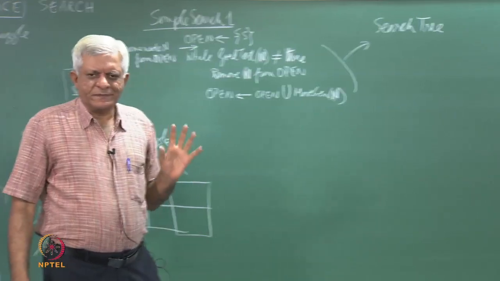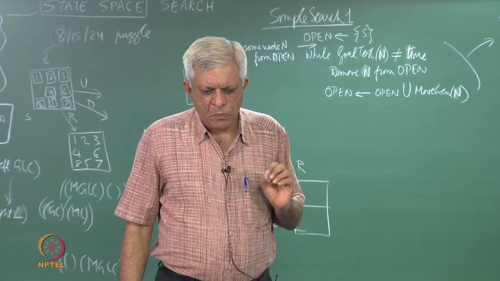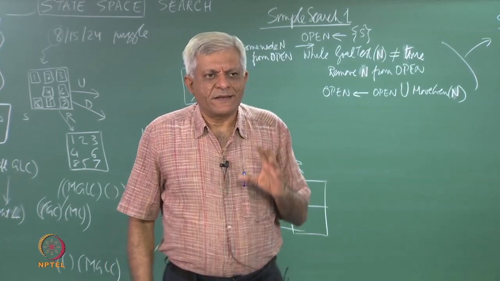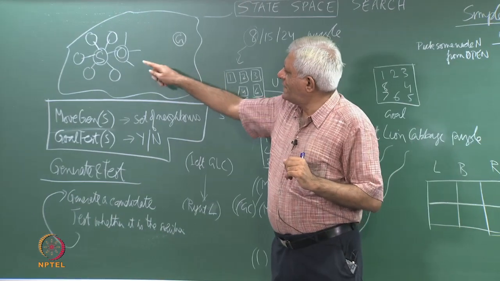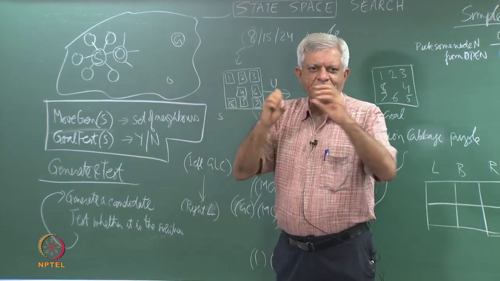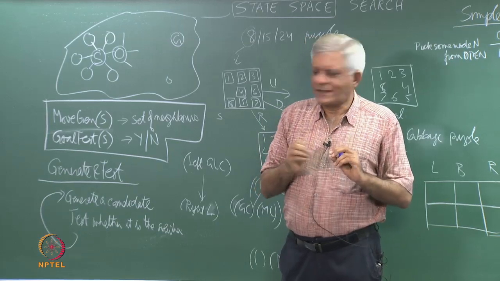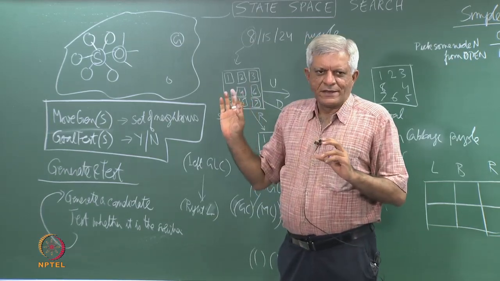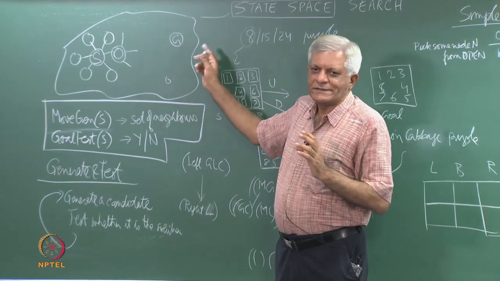Okay. So, one thing that I should clarify is that even though we see the state space as a graph, because from every state you can go to neighboring states, every edge is a move from one state to a neighboring state, and the whole state space is a graph. Essentially what we are trying to do is to find a path from a start state to a goal state in this graph.